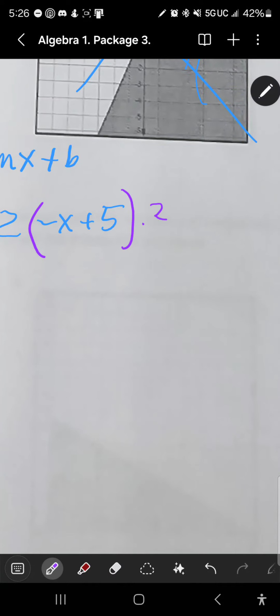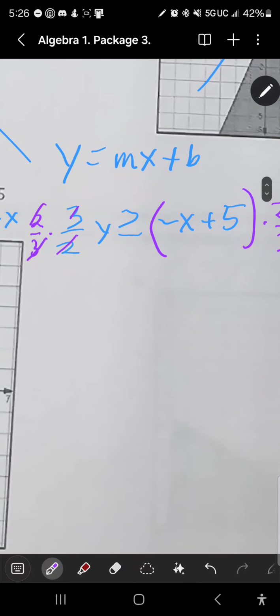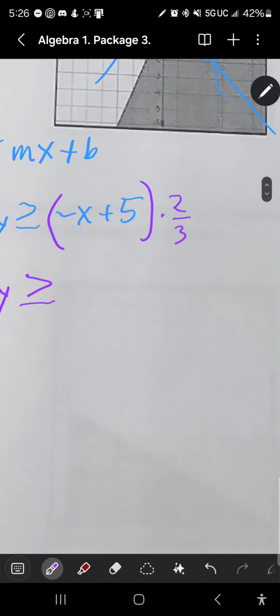In this case, multiplying by 2/3, which is positive, the sign doesn't change, and we get y greater than or equal to. Negative x times 2/3 is just negative 2/3x. 5 times 2/3: 2 times 5 is 10, and 3 times 1, because it's 5/1, is 3. So 10/3.